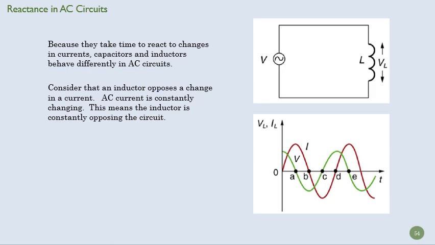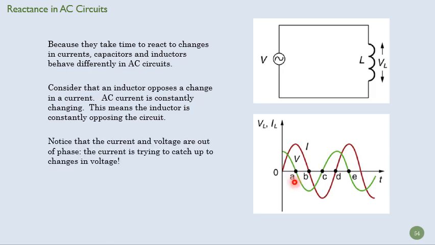Well, as soon as that voltage switches in the other direction and starts to make a current in this direction, that inductor is going to resist that change of current by trying to create a counter current that goes in the downward direction. So that's what that inductor is going to be constantly fighting, the changes in the current.